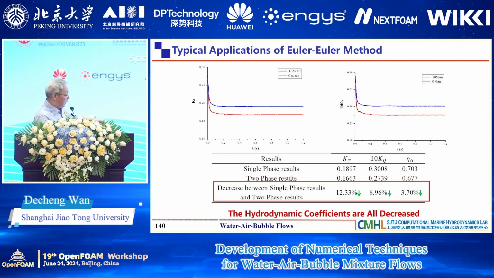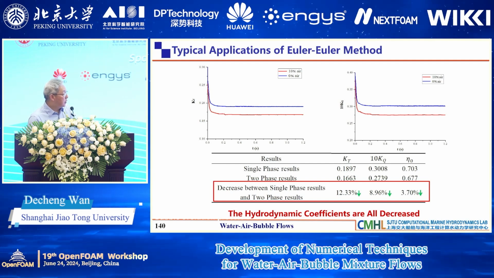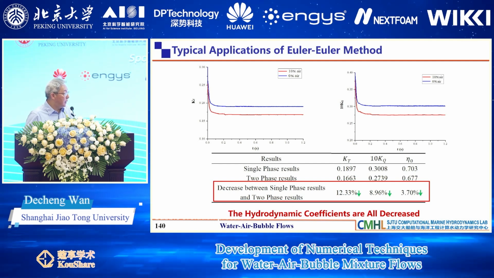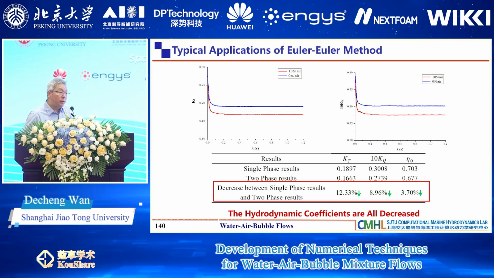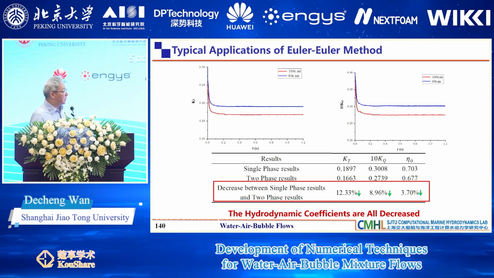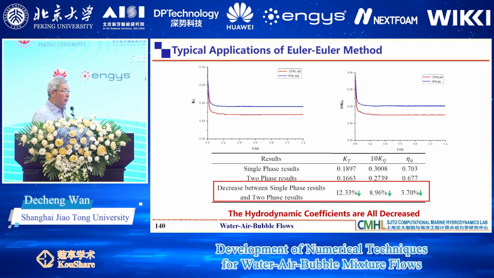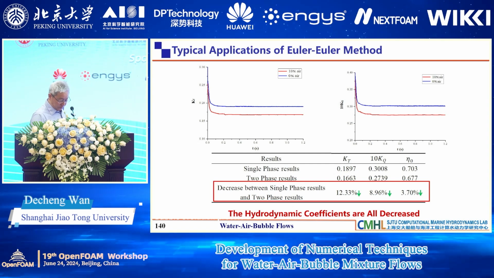The torque and the thrust decreased about 8% and 4%. So this is very important if you take into account the performance of the propeller in the incoming air environment cases.